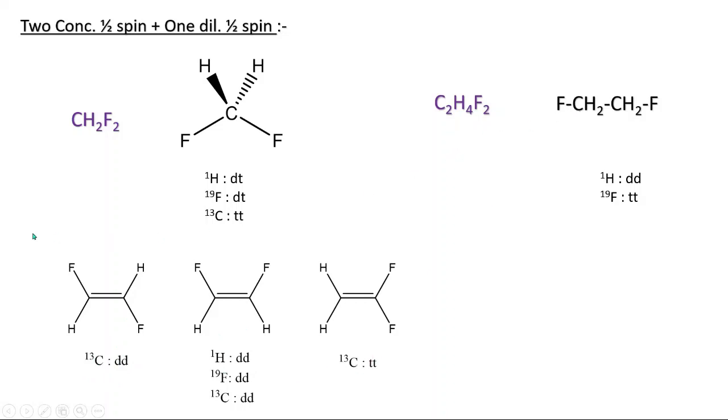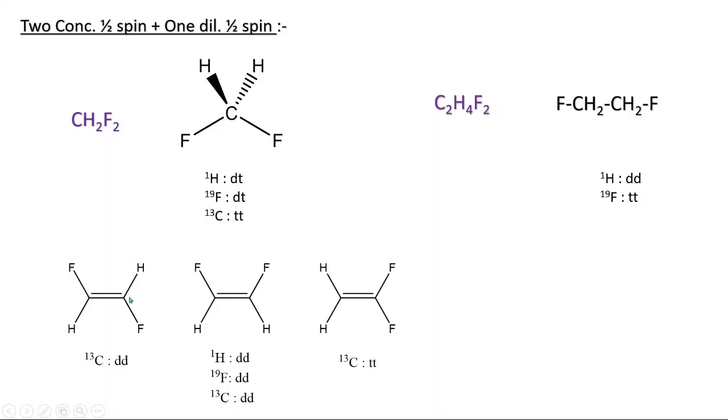Now if you see these 3 molecules, for 13C, if you see the carbon only, this is a trans kind of molecule. This carbon is attached to fluorine, and this carbon is attached to hydrogen. Similarly this carbon has hydrogen and fluorine. So this carbon will give a doublet of doublet due to hydrogen and fluorine, and this also gives a doublet of doublet.